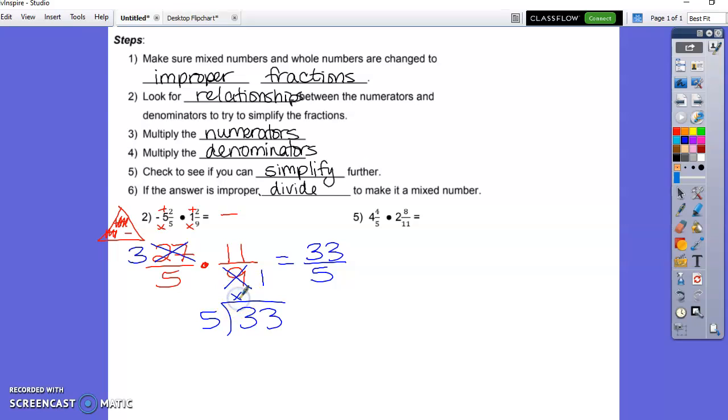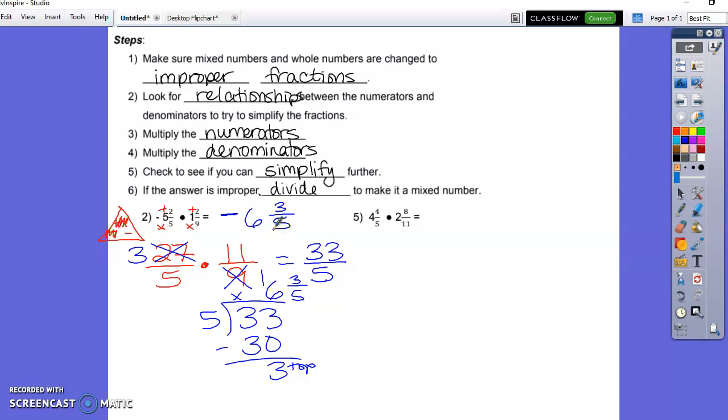So I'm not going to list these because these are 5s. I know you can do this in your head. 5 times 6 is 30. So the whole number is 6. I have 3 left. Remember, that goes on top. And the denominator is 5. So 6 3/5, and I'm putting that next to that negative sign that I already had. Okay?